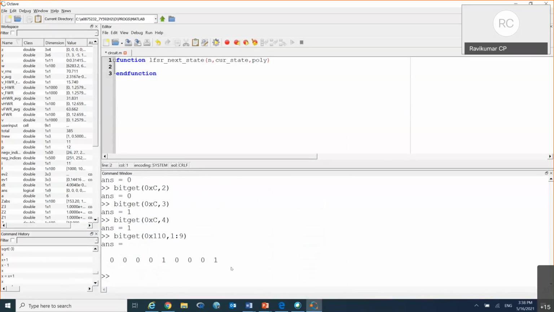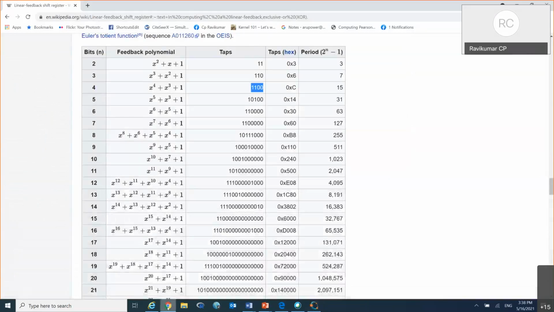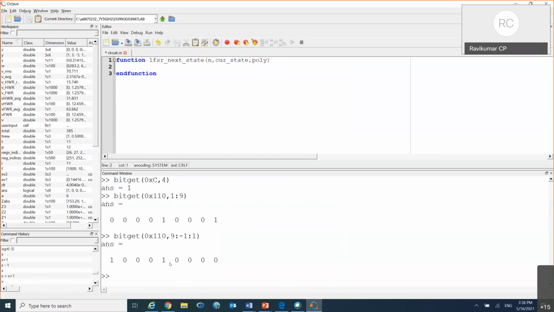I may want 9 to 1. So this is what I want: 100010001. 10001 followed by 4. So 3 zeros in between and 4 zeros outwards. Is that clear to everybody?